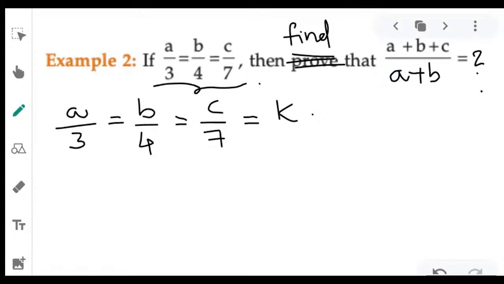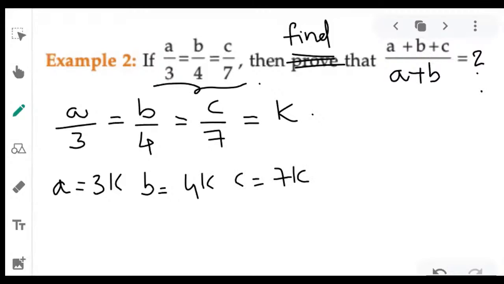Ma'am, so A is 3K, no ma'am? Yeah. A is 3K, B is 4K, and C is 7K. And the value of K is 1. Why? We have to divide it, ma'am. You don't need to take the value of K as anything, right? Let it be there. Okay.